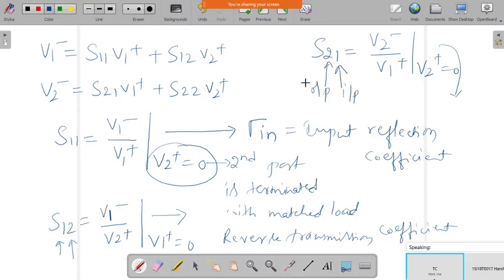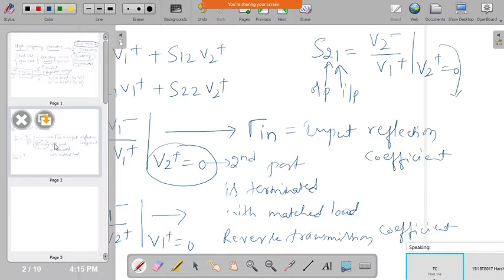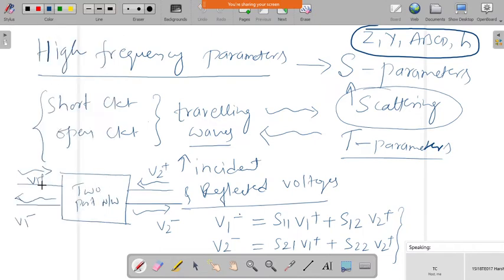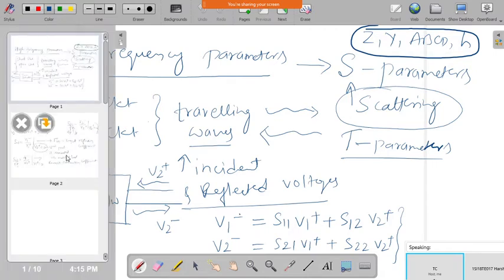So whenever we have the network, this is the input and this is the output. If we take 2 by 1, that is the input-output relationship.